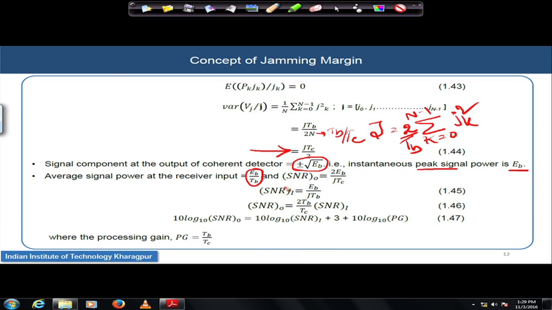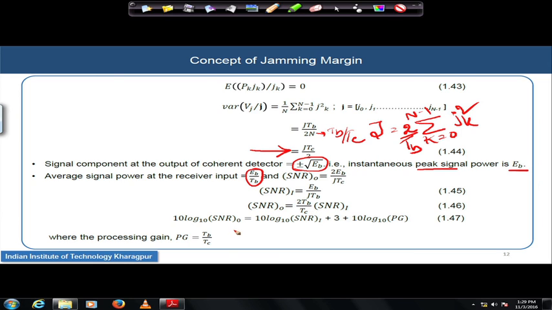If I now try to establish the relation between the output of the coherent detector at the output of the receiver and the input of the receiver, I will end up with the expression that the output SNR is a function of the SNR at the input of the receiver multiplied by 2 Tb by Tc.